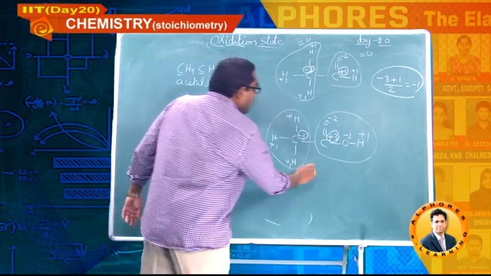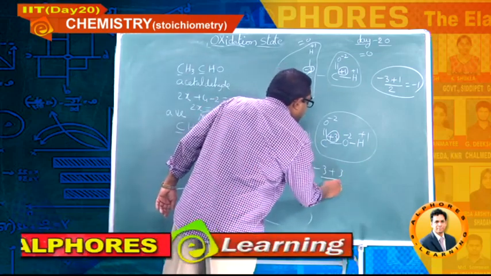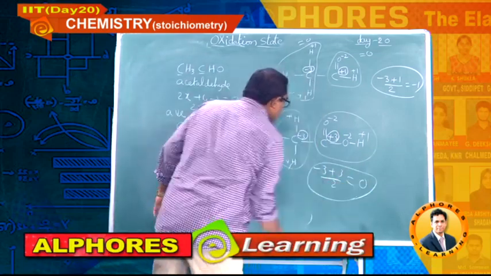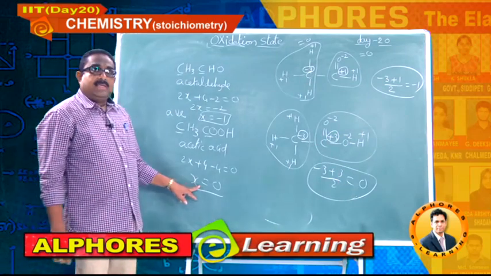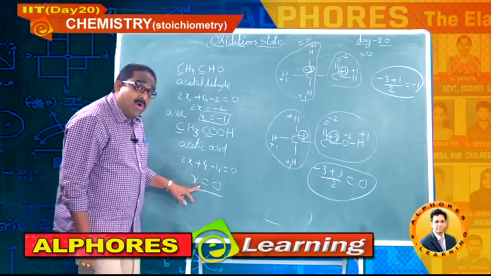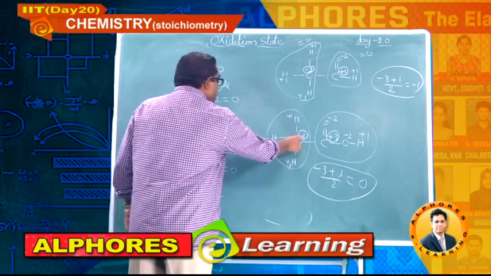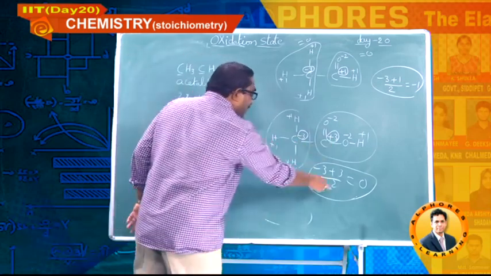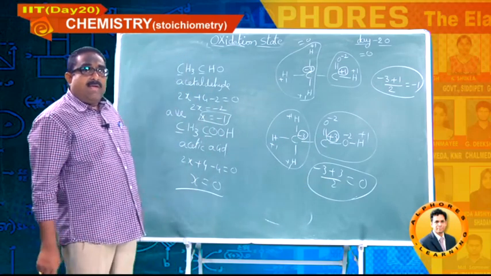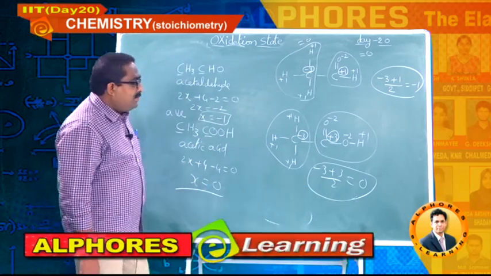So first carbon minus 3, second carbon plus 3, average again you will get as 0. That is what average oxidation state I got as 0 here. But individual oxidation state is minus 3 for this carbon and plus 3 for this carbon.